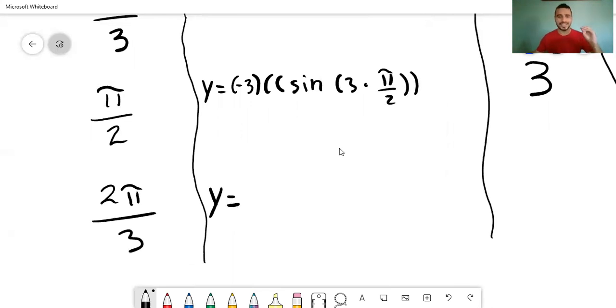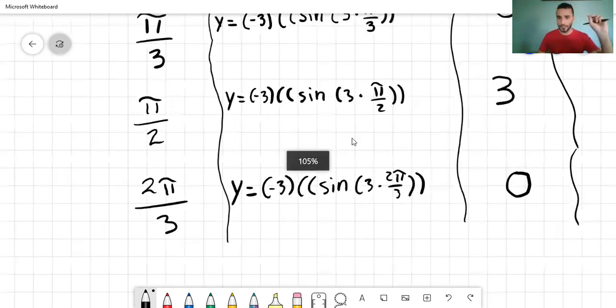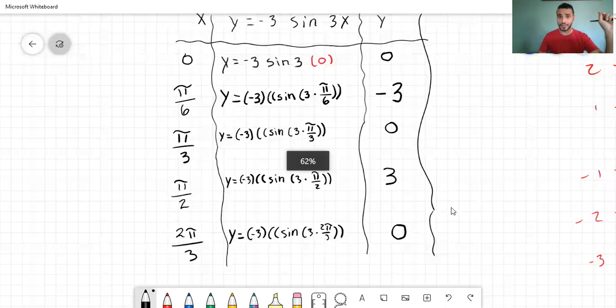So we do the same exact thing: double parenthesis, sine, parenthesis 3 times 2 pi over 3, and double close parenthesis. Do it and tell me what you get. At the end, you must get 0. So I'm going to put it here. I just finished with my table of values.